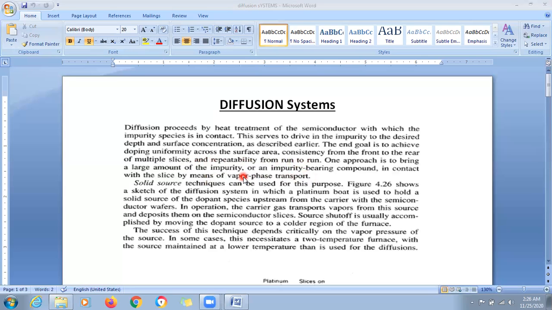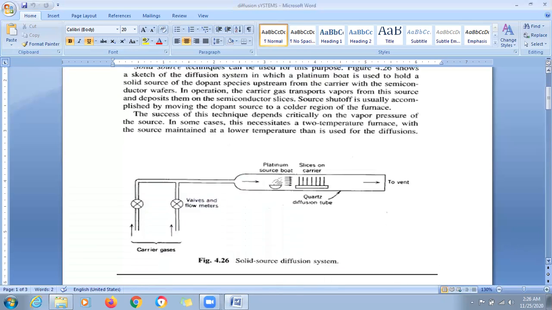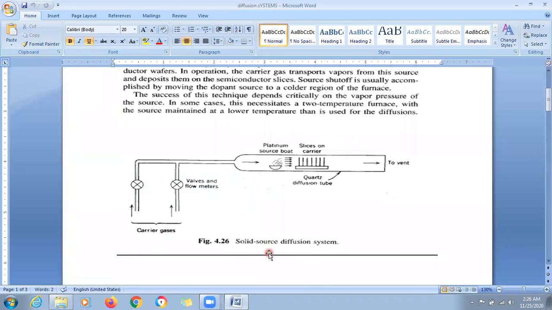So, we have diffusion systems. First one is solid source diffusion system. Here in this solid source diffusion system, we have a platinum source spot onto which the solid source of the impurity is placed.